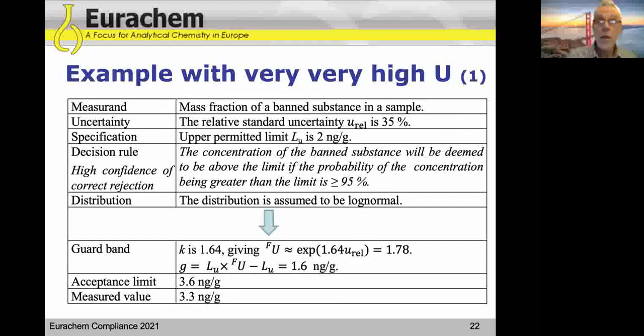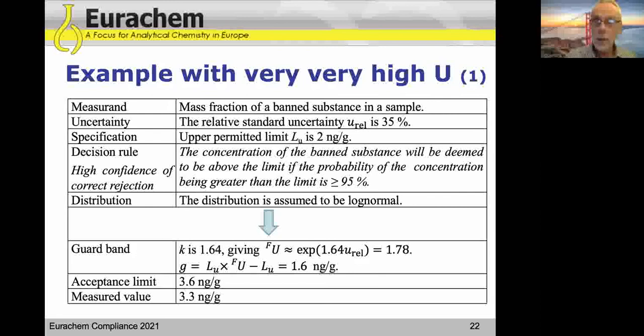That means that the reaction zone will decrease. In this case, we have such a high uncertainty, so the distribution is assumed to be log normal. We know that the K factor is 2, so we can calculate the uncertainty factor as the exponent of 2 times the URL, which was 0.35, and we get a factor of 1.78.